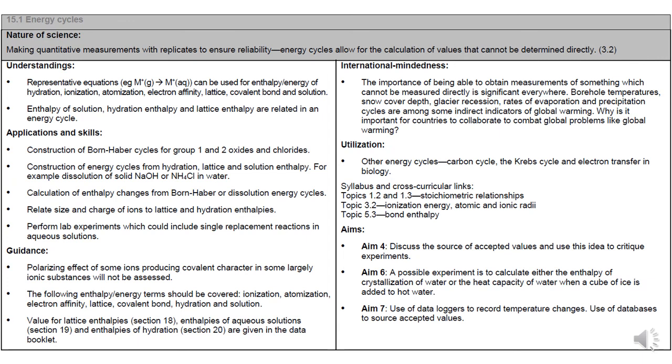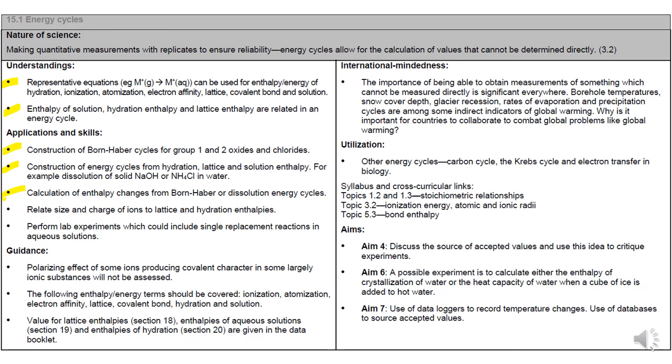Okay, so in this, we've talked about the representative equations. We've talked about the energy cycle for our 3 Databook values. We've constructed a Born-Haber cycle, but there is more practice of that. I will put a question on hydration, lattice and solution enthalpy.